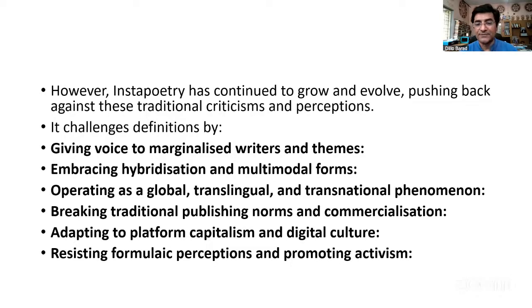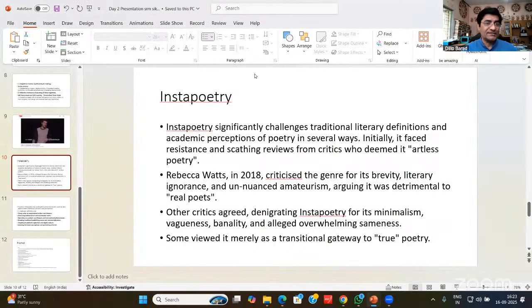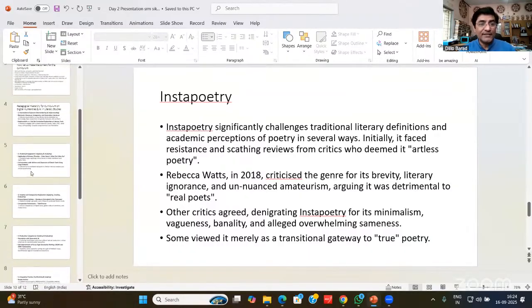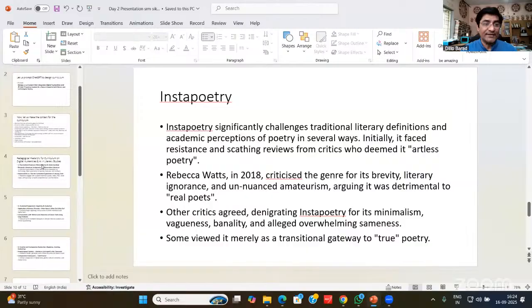Resisting formulaic perceptions and promoting activism also. So many times people do believe that literary writing is also a part of activism. So here one gets the hashtag movements we have seen a lot in the past also. And this all comes from a very interesting article published by Taylor and Francis, and this all has been taken from there.